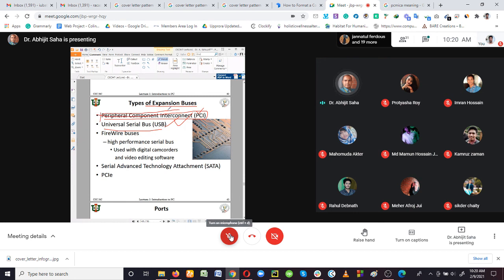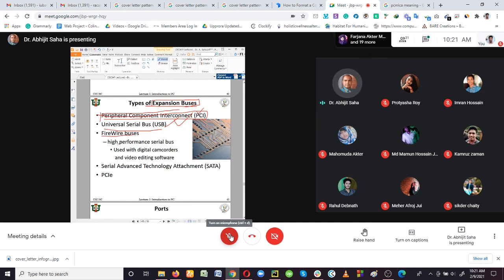Extension of the computer system can be done through the USB connection. So the USB buses communicate with the rest of the components of the computer system. Now here you have the FireWire buses.